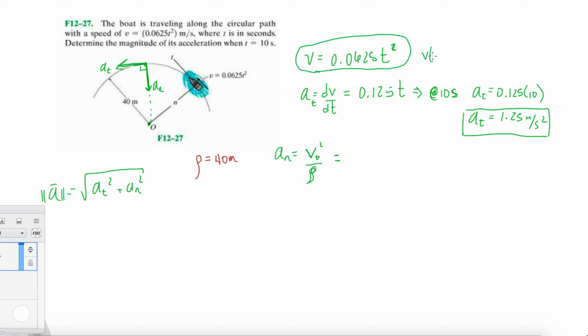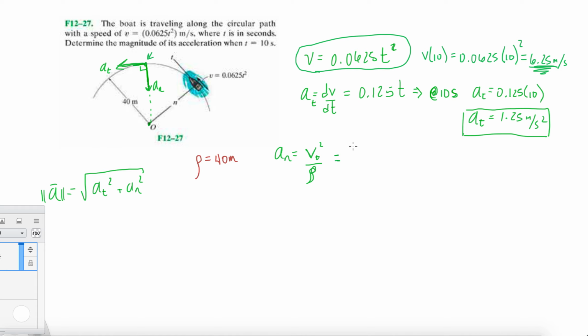So v at 10 seconds is 0.0625 times 10 squared, which gives 6.25 meters per second. So when it's at this point over here, its velocity is 6.25 meters per second.